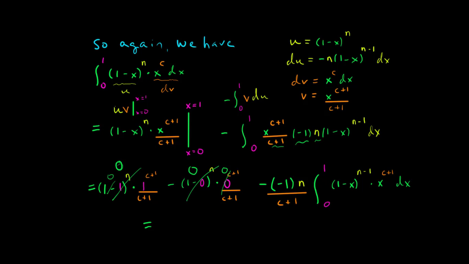So that just equals, with the double negative canceling out, n over c plus 1 times the integral from 1 to 0, 1 minus x all to the n minus 1 times x to the c plus 1 dx.